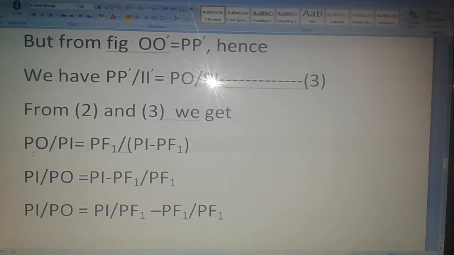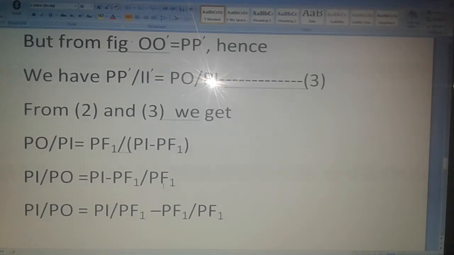Therefore, we will get PO by PI is equal to PF1 by PI minus PF1. If we write the denominators as numerators, the equation will be PI by PO is equal to PI minus PF1 by PF1.